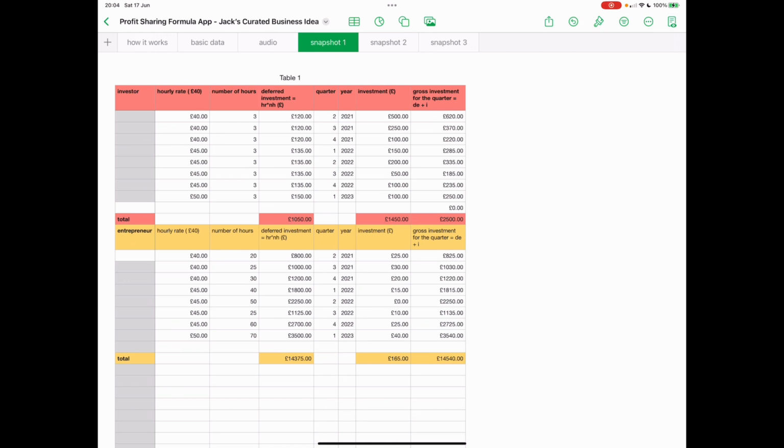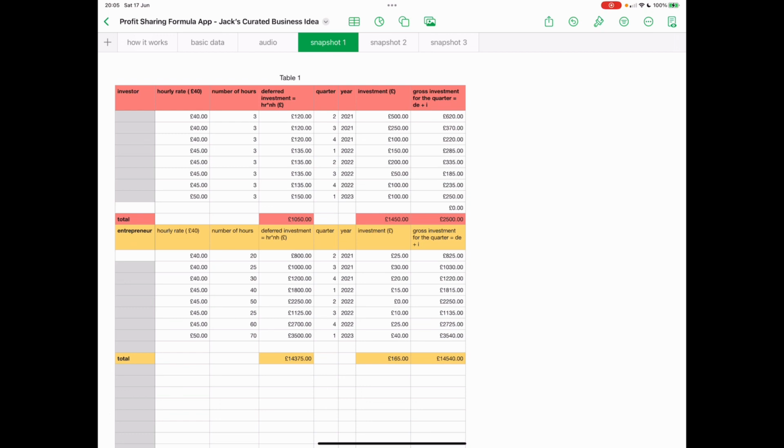Now for the entrepreneur or project manager, he put in little bits of money as physical investments. So he put in £25, £30, £20, £15, etc. So his total financial investment was £165.